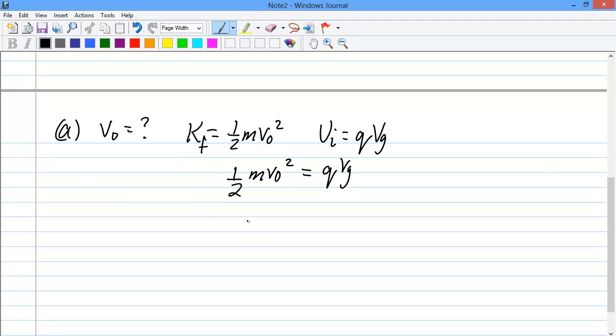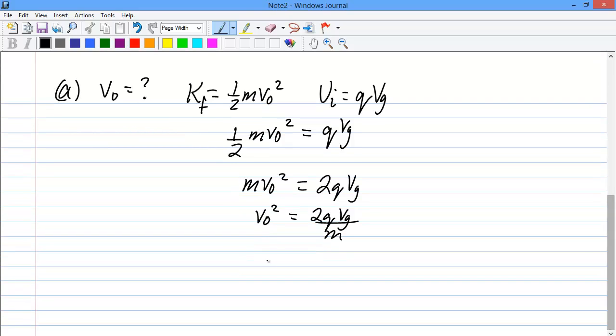So we can multiply both sides by 2, and then divide both sides by m. And finally, take the square root.